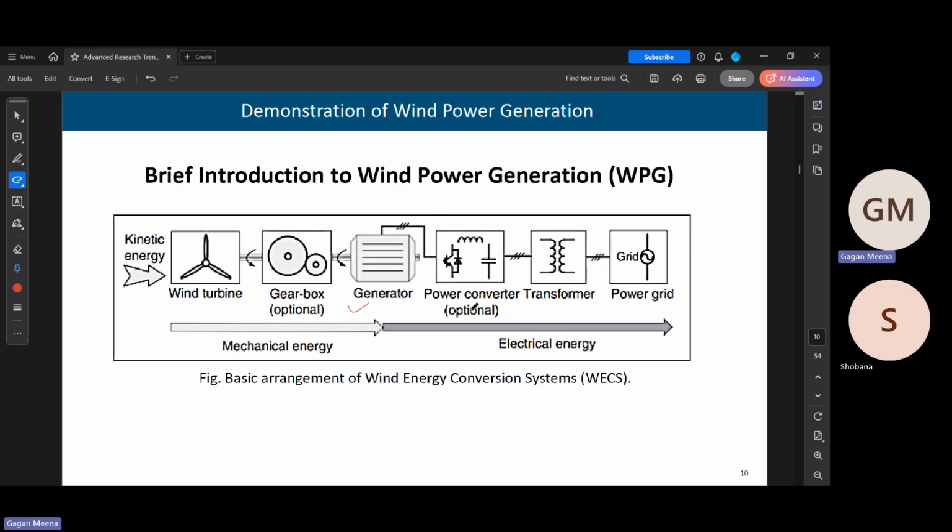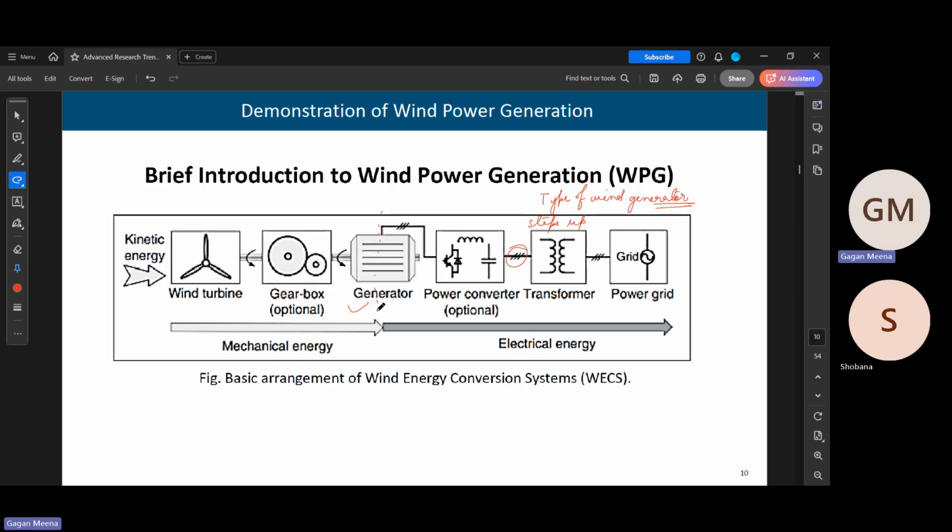And after the generator, we have this power converter, which is also optional depending upon the type of wind generation we are using. And then we have a transformer here, which steps up the voltage level and feeds it into the power grid.